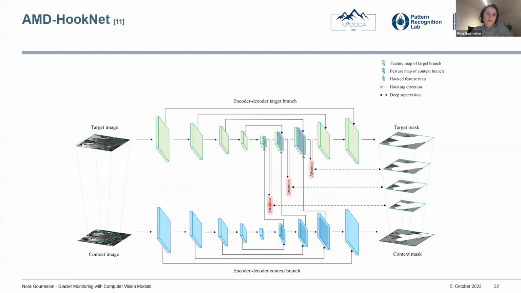And also we incorporated an attention mechanism in this hooking mechanism, so when we feed the information over to the target branch. And lastly, we also use deep supervision here. So we call it Attention Multi-Hooking Deep Supervision HookNet, in short, AMD HookNet.